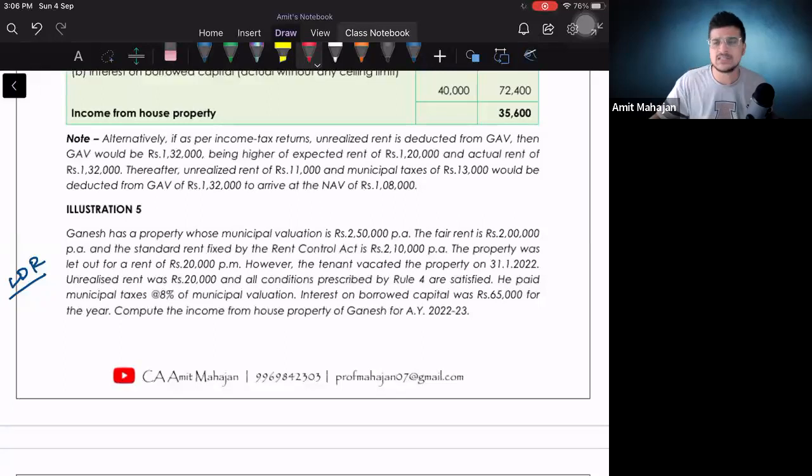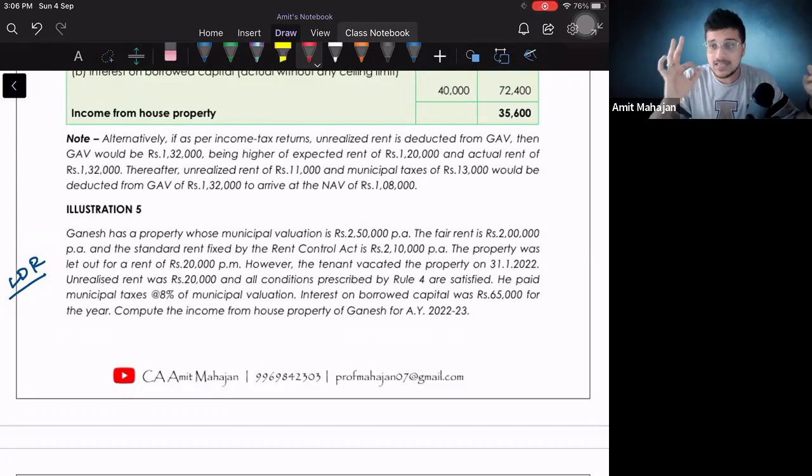Now, if you see, the question is very simple, but how to start, how to read the question, how to approach the question is very important. First of all, to do a house property question, you first have to identify GAV. For computing GAV, what do you need? One, expected rent, and second one is what? Actual rent. Just focus on this.